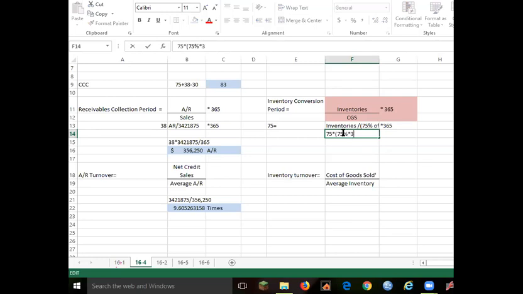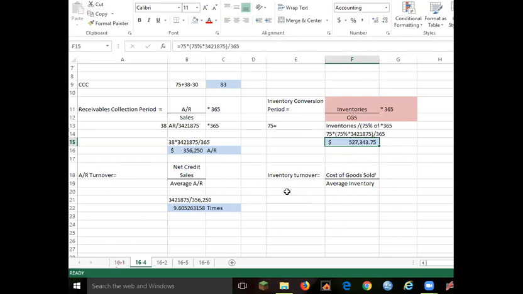Sales is 3,421,875, and then divide by 365. So average inventories are 527,343. Here it is in dollar amount. This is the answer, the total, or you can say average inventories.